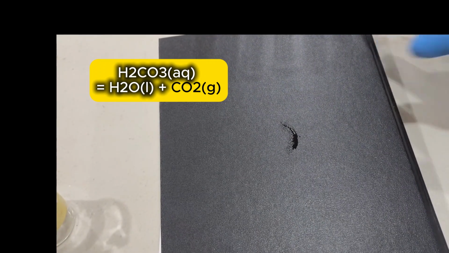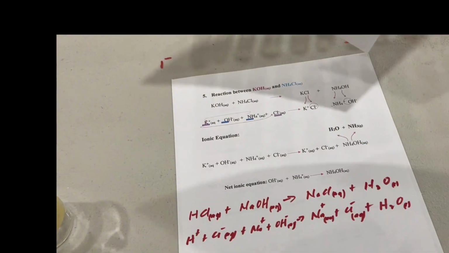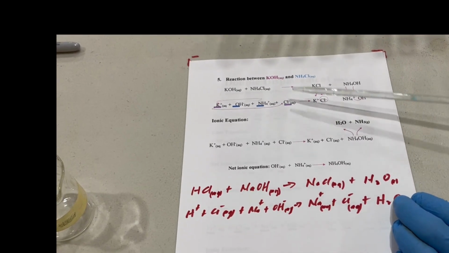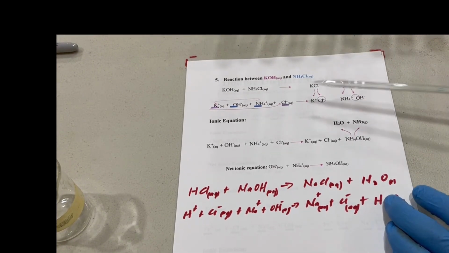The other reaction that we have here is similar to this one, but it involves the reaction between potassium hydroxide and ammonium chloride. Again, we do our double shift. Potassium takes the place of ammonium ions, and ammonium ions take the place of potassium ions.